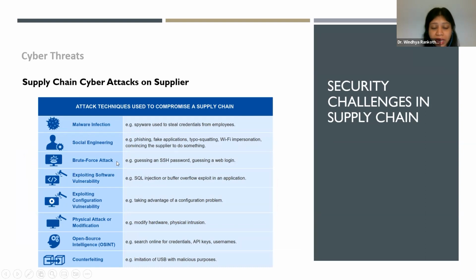And brute force attacks where the attacker tries to guess the user password and guess the web login and so on. And also they have used exploiting software vulnerabilities, because many software have different vulnerabilities. If the software is not up to date, not patched, these vulnerabilities can be exposed by attackers. Likewise, these are the different techniques used by attackers on the suppliers.